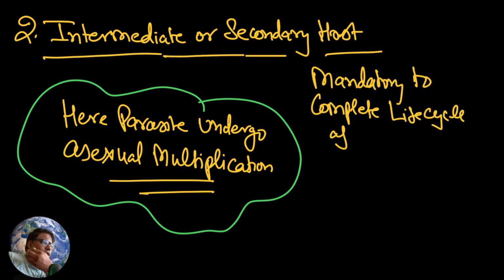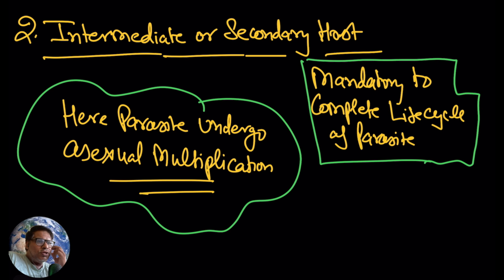Keep in mind, this stage is also mandatory to complete the life cycle. Generally the parasites have sexual stages and asexual stages. They complete the sexual stages in the primary host and asexual stages in the secondary host. So here you can see the importance of the secondary host.